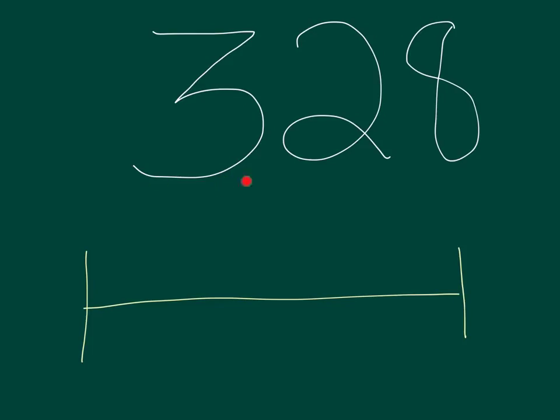When I look at my hundreds place, I see that I have a 3 in the hundreds place. So to the left of my number line is going to be 300. And then to the right of my number line, the next 100 that comes after 300 is 400, because 300 plus 100 equals 400.